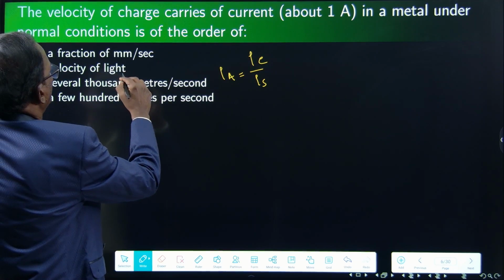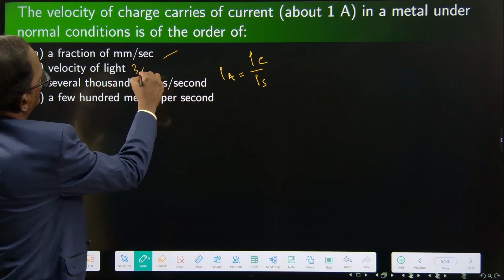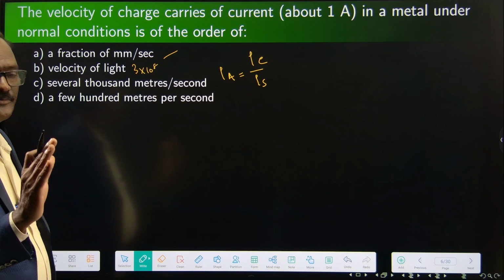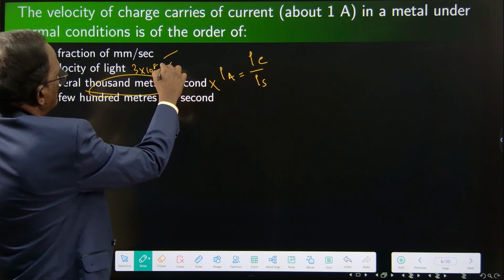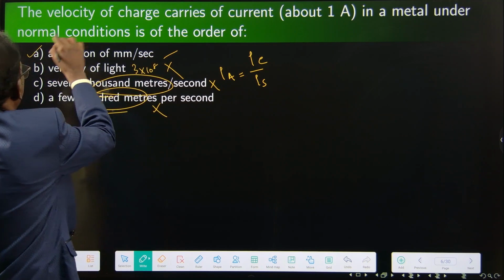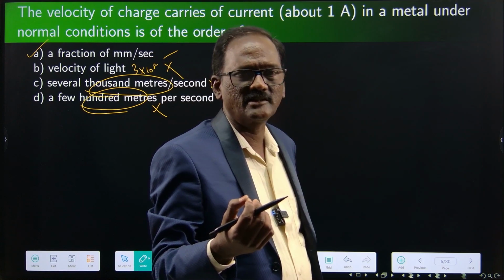A fraction of millimeter per second, it may be true. Velocity of light, 3 into 10 to the power of 8, drift velocity won't go at this speed. Several thousand meters per second, no. A few hundred meters, no. So option A is correct: fraction of millimeter per second. Very slowly the electrons are moving.